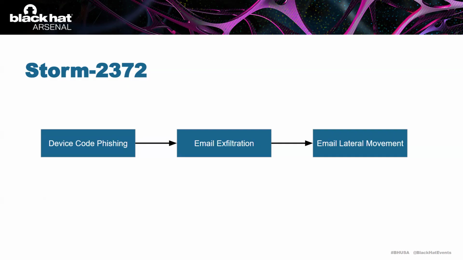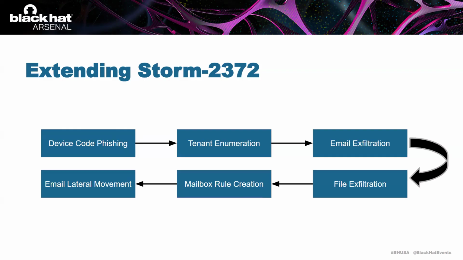I wanted to take this interesting report describing the techniques executed by this threat actor, but I wanted to expand on it. So, extending this threat actor, I designed this simulation playbook where we are adding a few things. After device code phishing, we'll do tenant enumeration, so discovery.